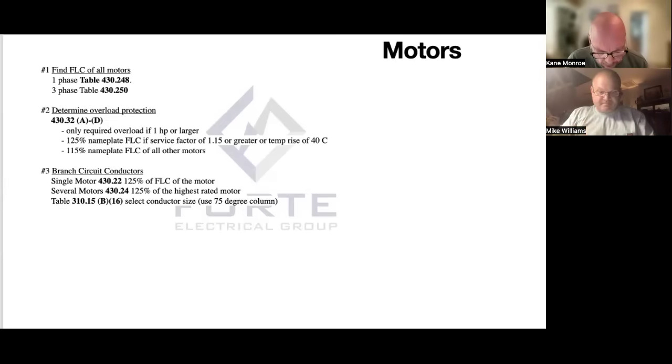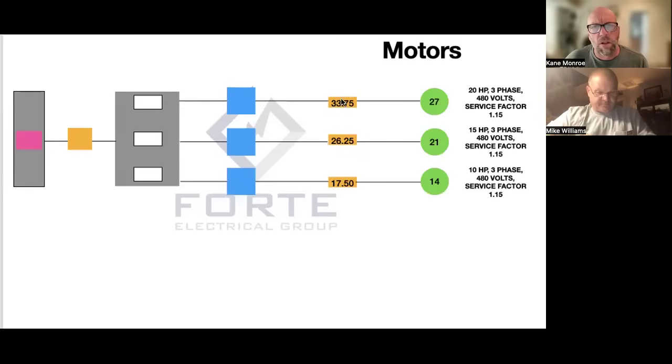So you've got your 60, 75, and 90-degree columns there, and on the left-hand side, you have your wire size. So what we came up with was 33.75. Don't round yet.